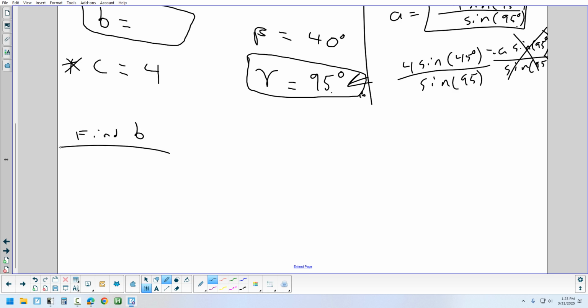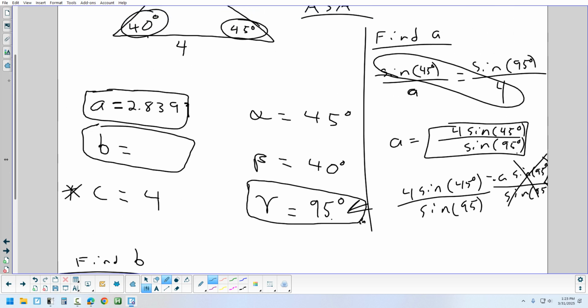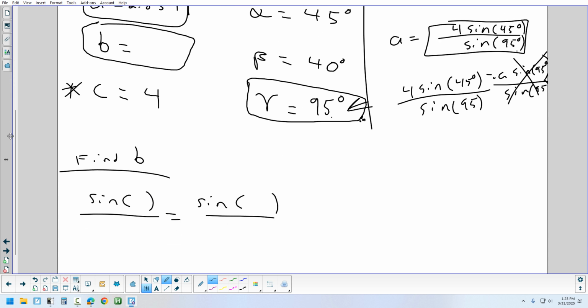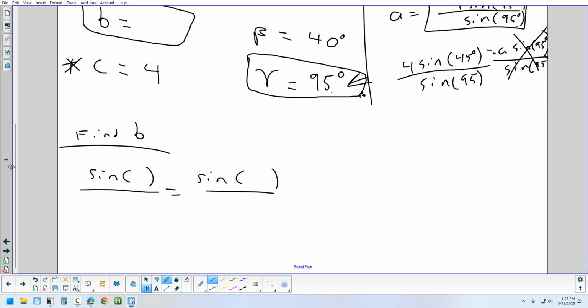Okay, so after we do the cross multiplying, that's the last step before we just plug it into the calculator. Yes. So what are we going to put on the left side to find B? Sine 40 over b, sure, you can put that on the left, and then sine 95 over 4.